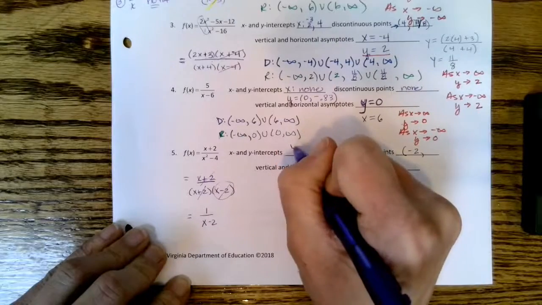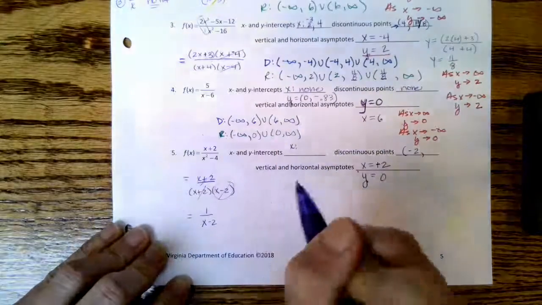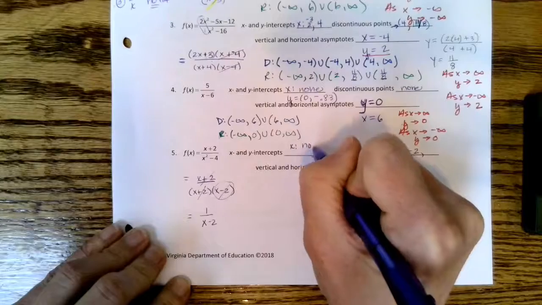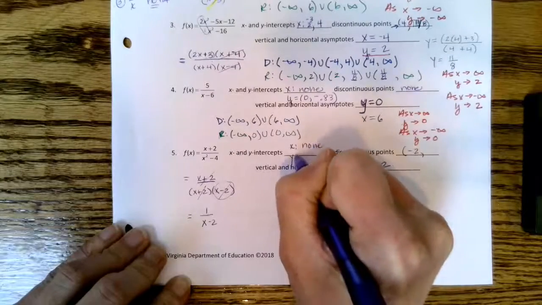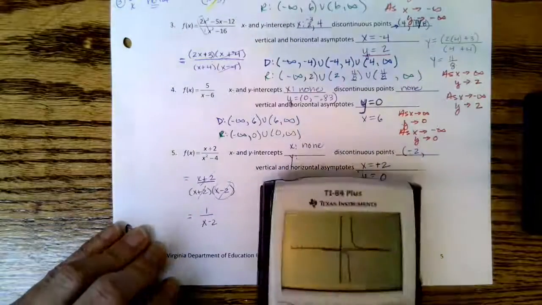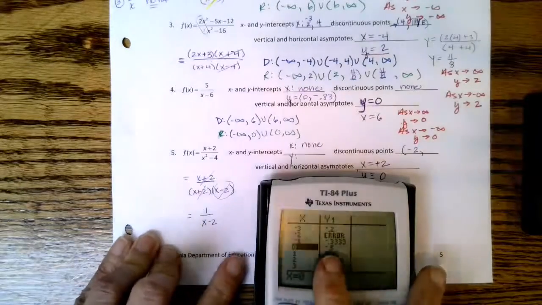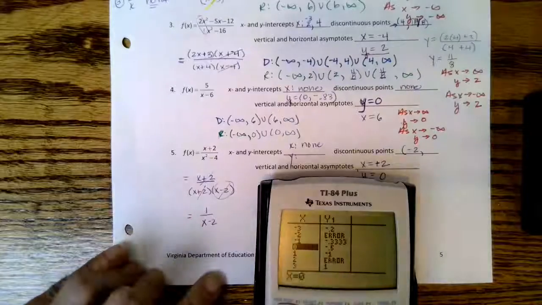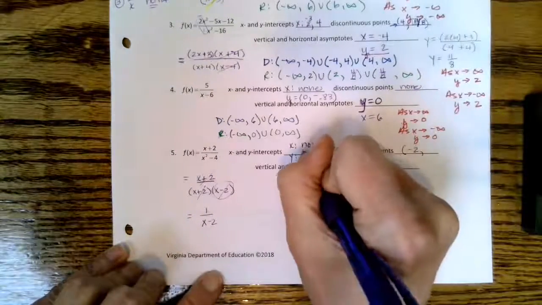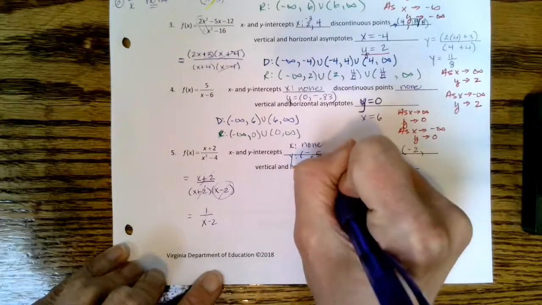So for my x-intercept, we're going to have none because that's my asymptote. For my y-intercept, we'll go to the table of values and say, hey, when 0 goes in, what comes out? And that's going to be negative 0.5.